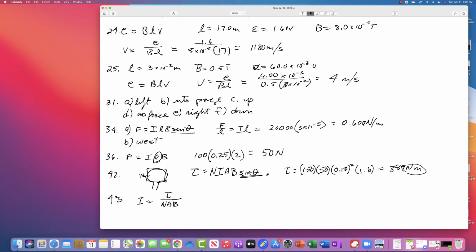Again, it's talking about maximum, so we don't have to worry about theta here. The torque is 9, the loop has 50 turns, the area is 0.15 squared, and the field is 0.8 Tesla. It works out to exactly 10 amps of current.